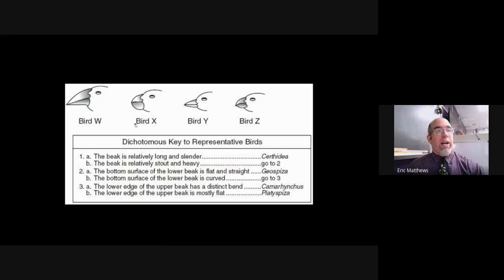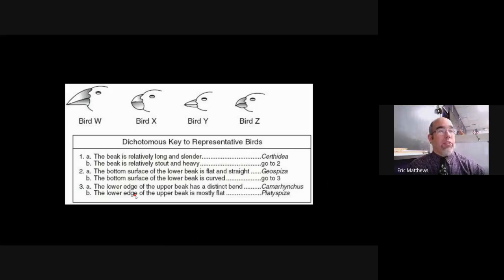And then we can move on to X. Long and slender or stout and heavy? Stout and heavy, so we go to 2. We know it can't be the first one because we've already identified Geospiza. So the bottom surface of the lower beak is curved. Yes, it is. The bottom surface of this lower beak is curved. So we go to 3.